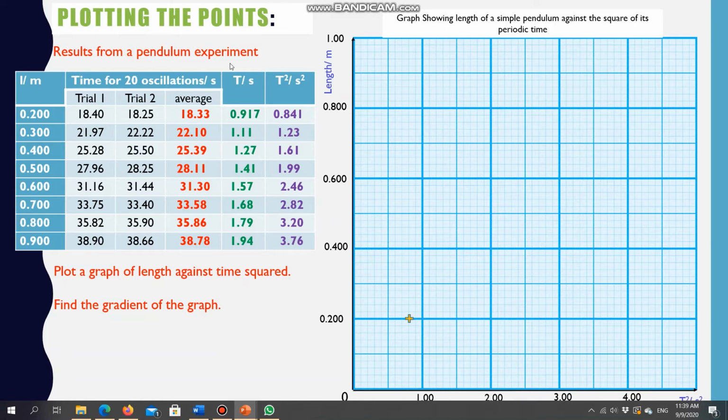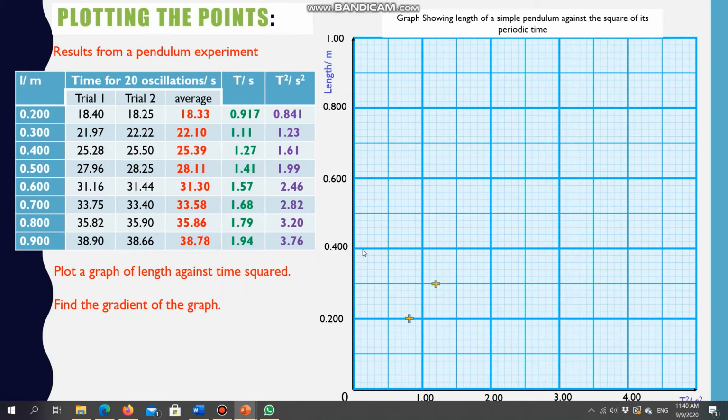All right. Then we have 0.3 to 1.23. 0.3 on the y-axis would be here. And then 1.23 would be somewhere around here. So we do that for all of the points. 0.4 matches to 1.61.